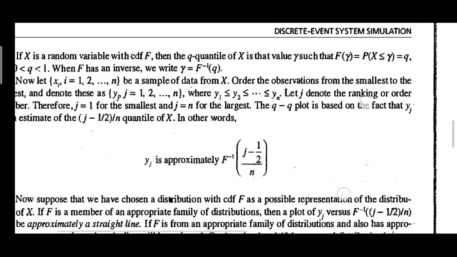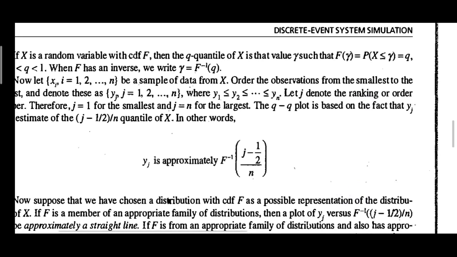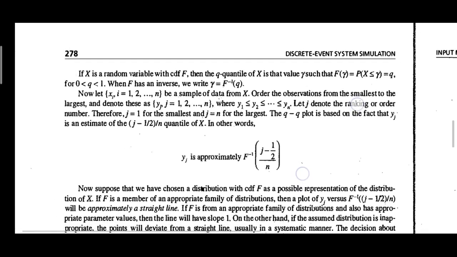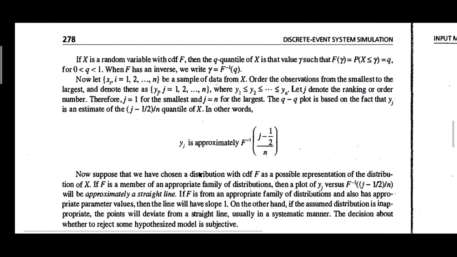That is, yj is approximately F inverse of (j minus half) divided by n.